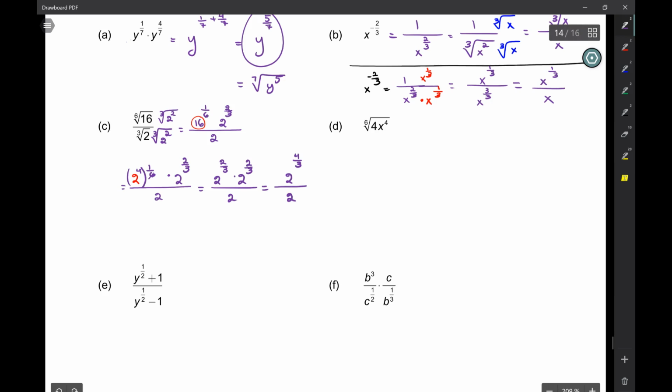How do I simplify a 2 to the something on top, 2 to the something on the bottom? What happens to those exponents? If I have 2 to the something, and what's the exponent here? 1, right? So how can I simplify those? 2 to the what?